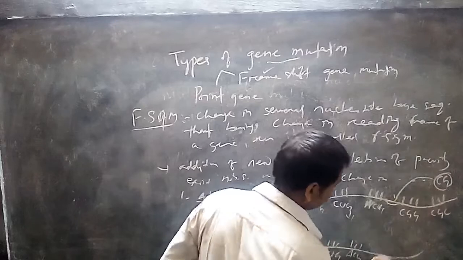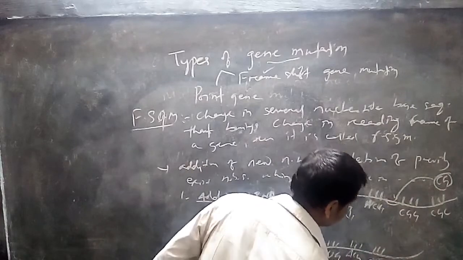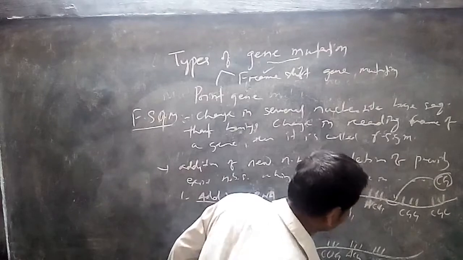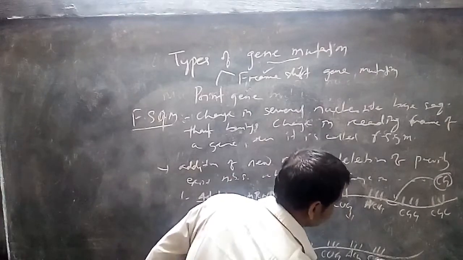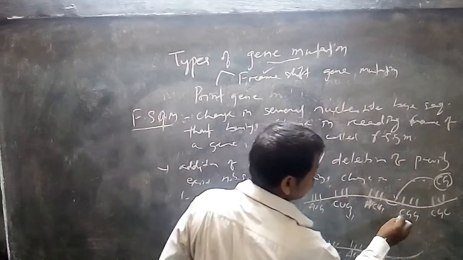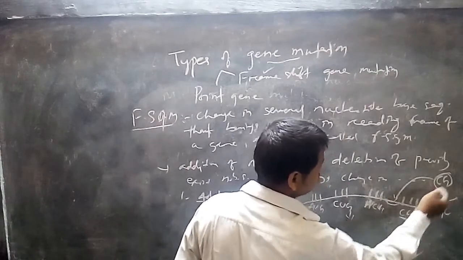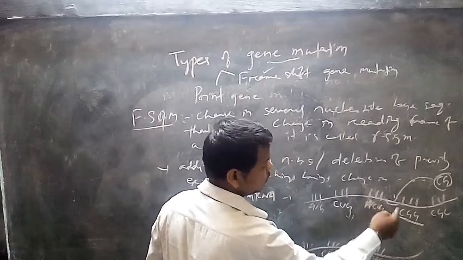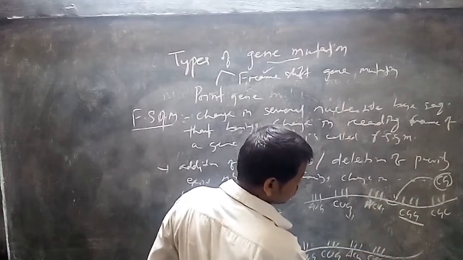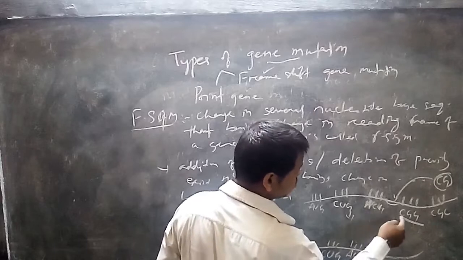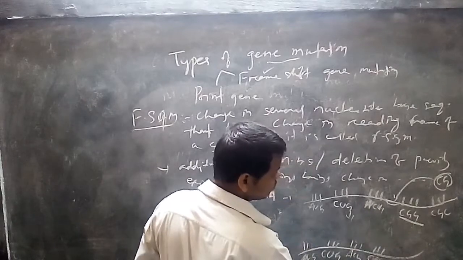Then when CG is added, then it will be regarded as CGC. See here, the original combination is CGG. When C and G, cytosine guanine, extra cytosine guanine added in place. This is the extra cytosine guanine. These are added. Then the reading frame is changed from CGG to CGC.